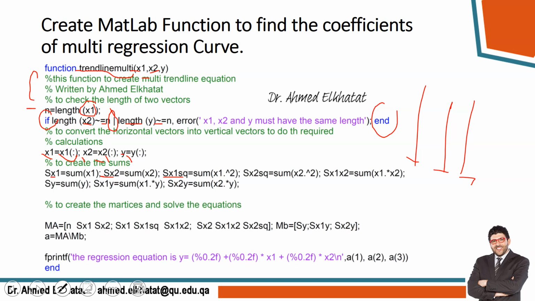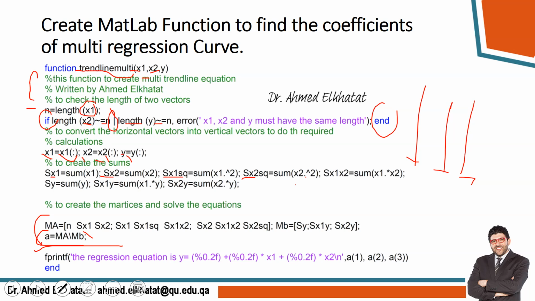So it's the summation of x1 dot power 2. So this will be x2 squared, so it will be the summation of x2 squared, and so on. Then to create the matrix, we create the matrix here, and then the solution a is ma backslash mb, and then you can do fprintf like before, and we can create our function like this.